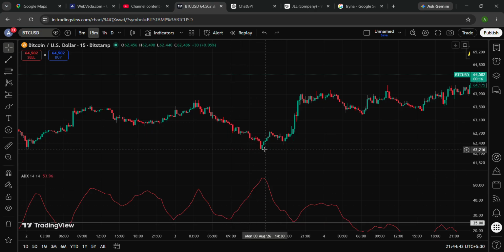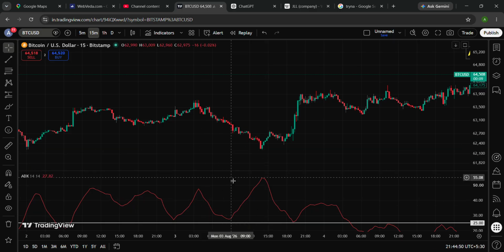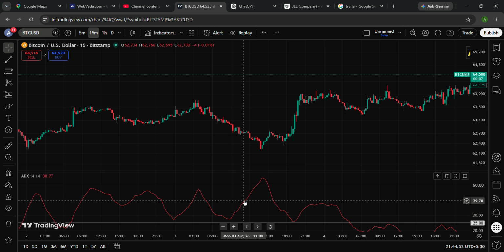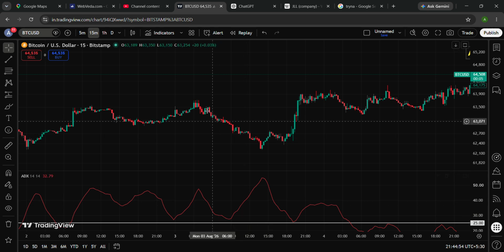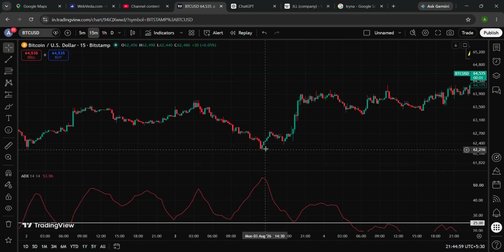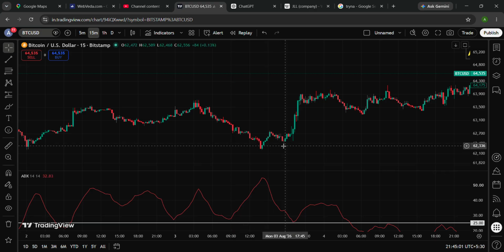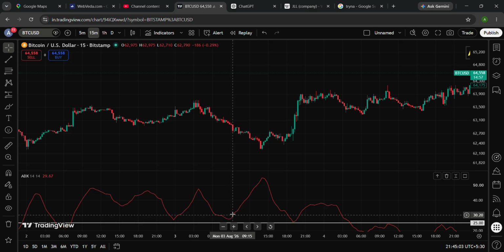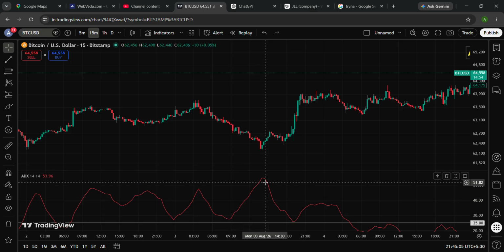What I'm telling you is that it doesn't matter which way the price is moving. The ADX just tells you the power of the trend. If the power of the trend is bearish, the ADX will go upward, and if the power of the trend is bullish, the ADX will also go upward.